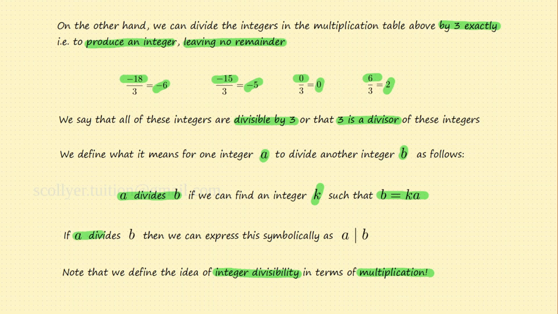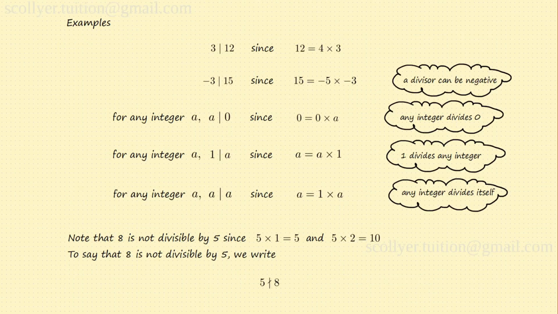And if a divides b, then we can use the following notation, a followed by this bar b, to denote that, and we read that simply as a divides b. And now we'll look at some examples to clarify that definition. 3 divides 12, since we can make 12 from 3 by multiplication by another integer. 12 is 4 times 3.